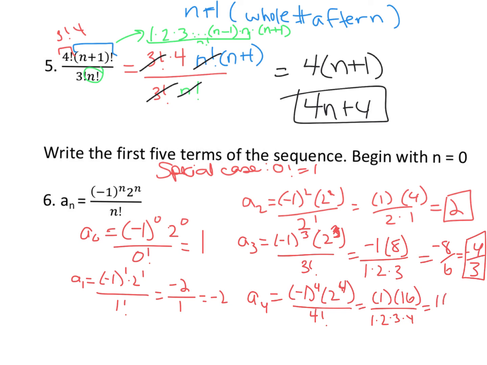I end up getting 16 over 24, which if you simplify is going to give you 2/3. So if you're just doing your homework, you can write your answer just the way that we have here, but I'm going to write out the full answer. I get 1, negative 2, 2, negative 4/3, followed by 2/3.